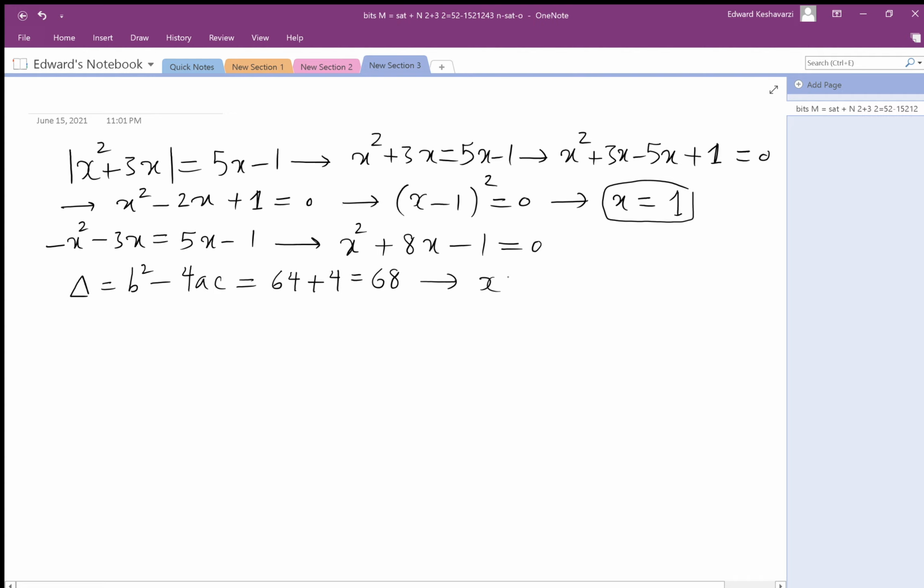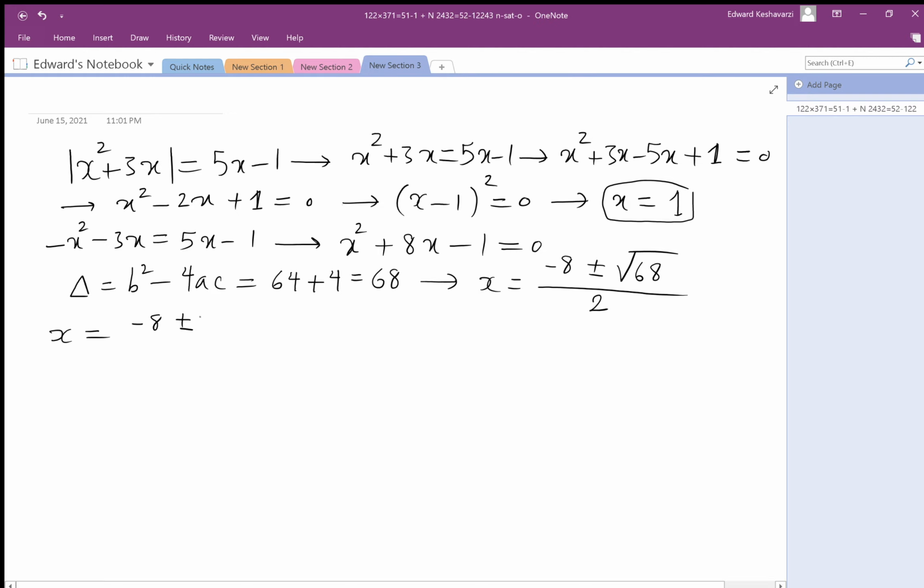Therefore, x becomes negative b plus or minus square root of 68 over 2a, which is 2. I'm going to simplify it more. Negative 8 plus or minus.